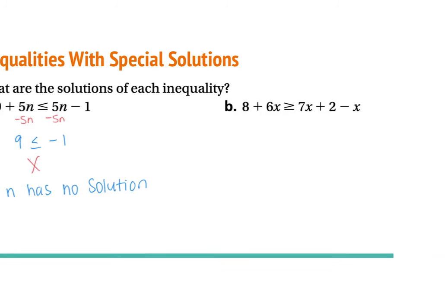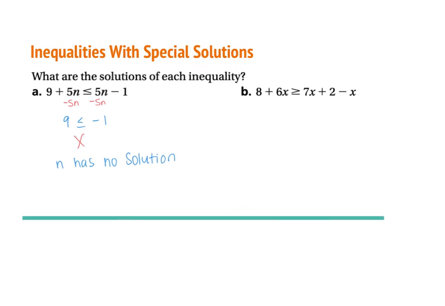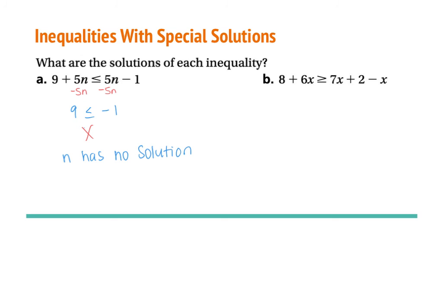All right, let's check out x. So we've got 8 plus 6x on the left is greater than or equal to 7x plus 2 minus x. Notice, guys, we've got 2 x's on the right. We can combine those. That will give us 6x plus 2.